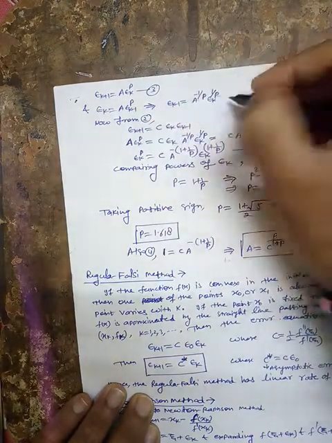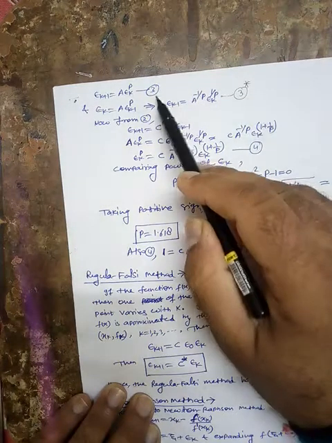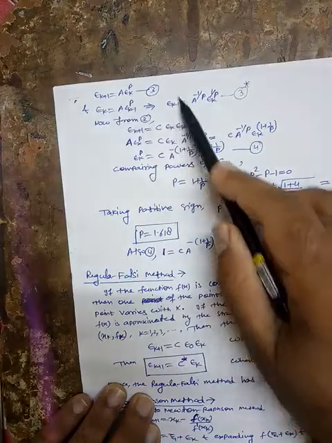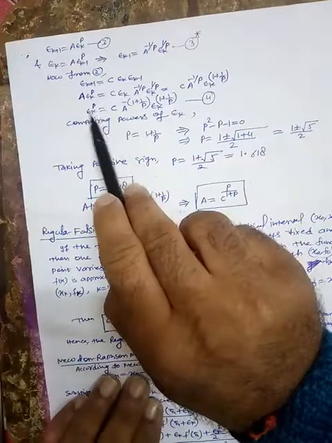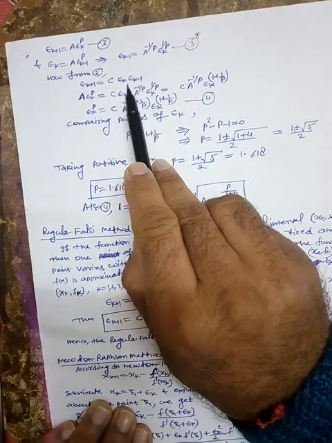Substitute these into equation number 2. We have epsilon k plus 1 is equal to c epsilon k epsilon k minus 1.